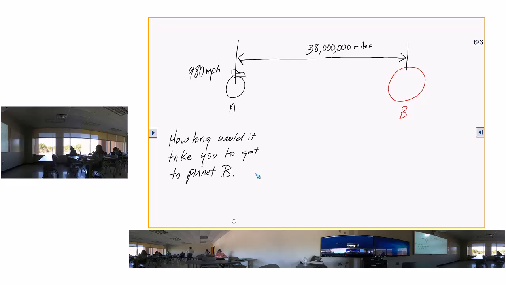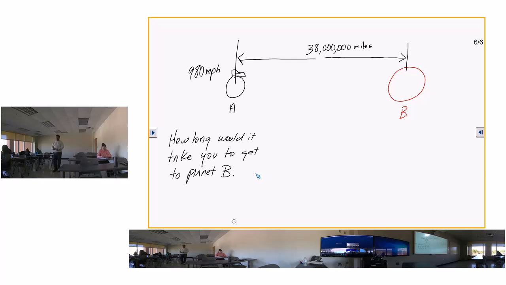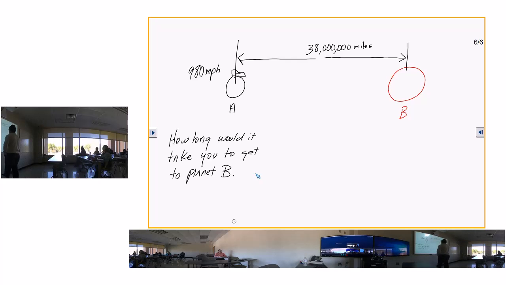There's a formula that you use for that type of calculation. Anybody know what that formula is? Not many people know, but it's a very important formula that you need to know in real life. Distance equals rate times time.